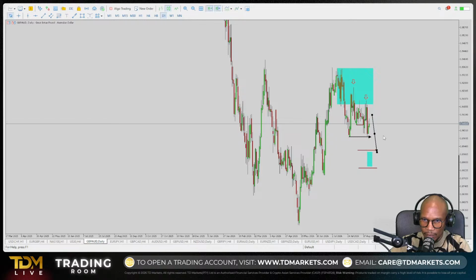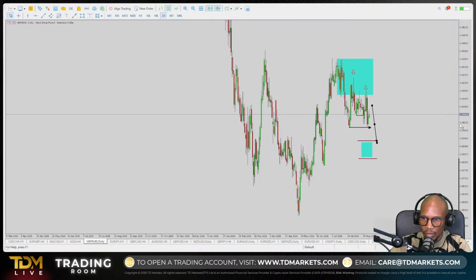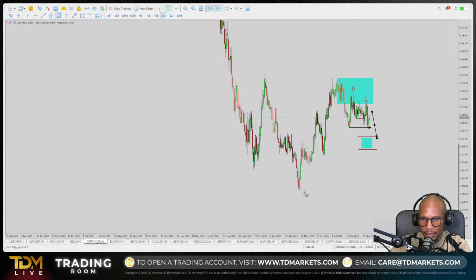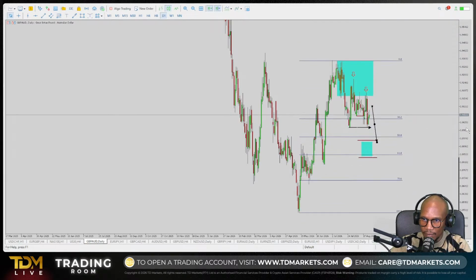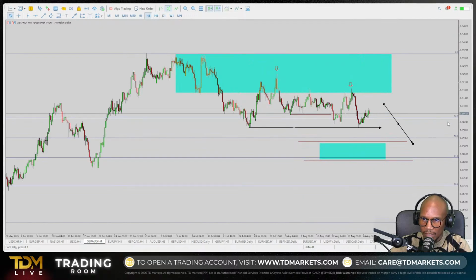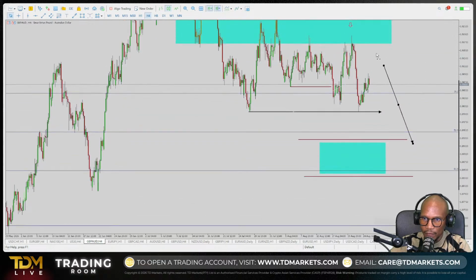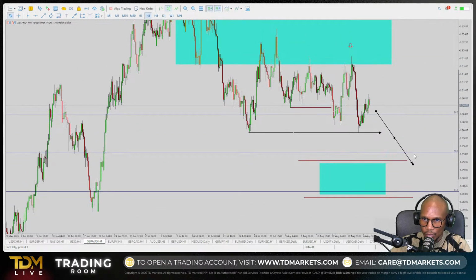So right now I've got this zone drawn here. This zone comes from the 50 of the Fibonacci, the 50 day. So still anticipating one more push down. I'm looking for a short also on this one more push down back to the zone.